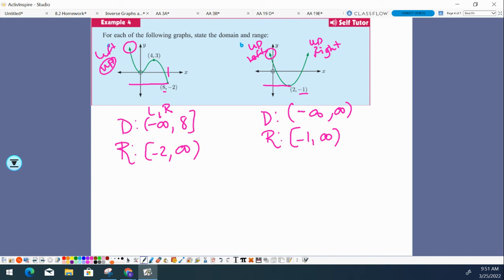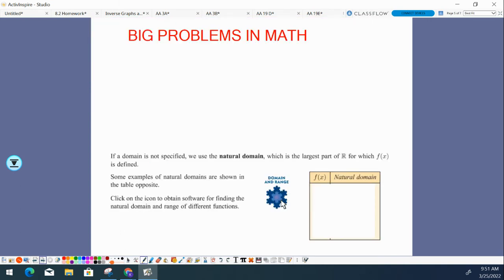The harder part is when we go to the equations. So what are the big problems in math? Okay. So the big problems in math, what are the things we can't do? The first big one, we can't divide by 0.